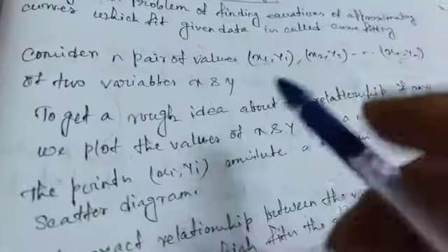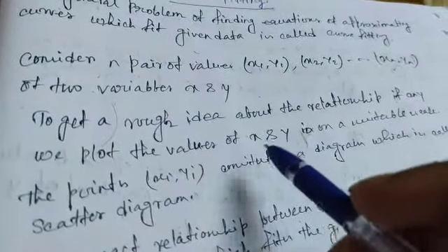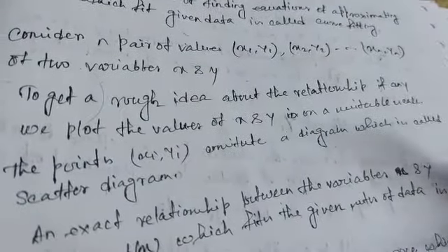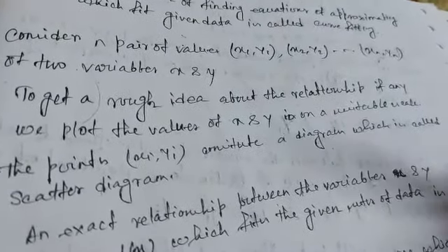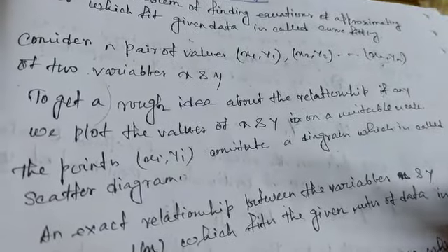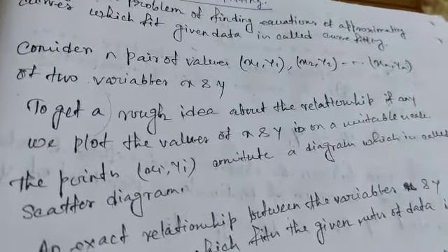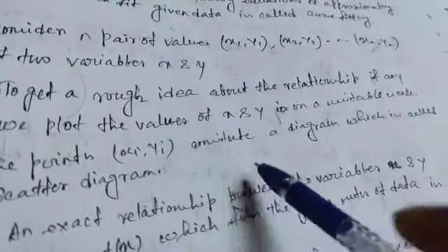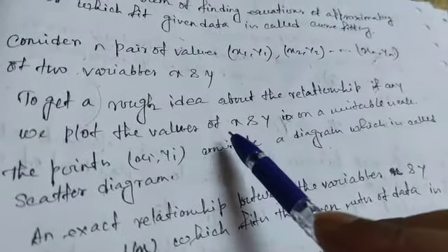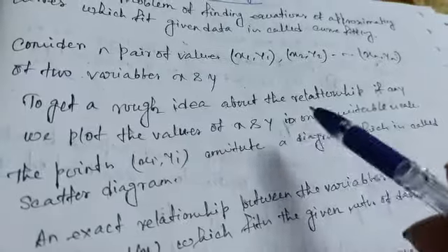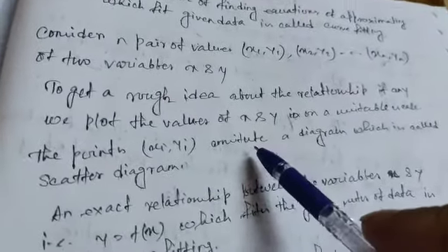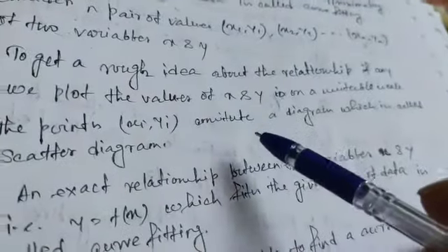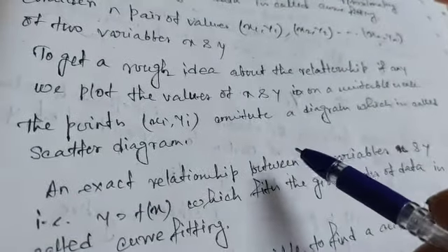Now, to get a rough idea about the relationship, if any, between the two variables x and y, we plot the points xi and yi on a suitable scale, and they constitute a diagram known as a scatter diagram.